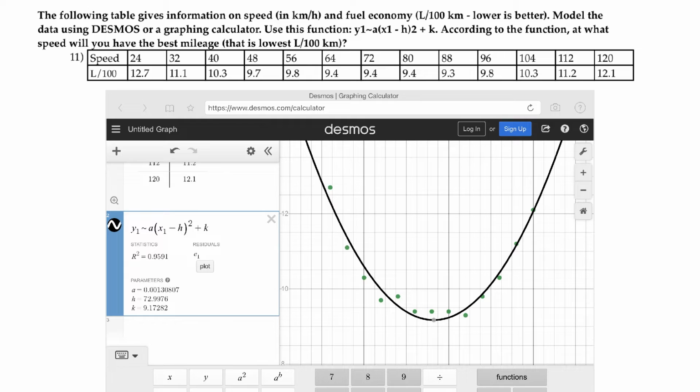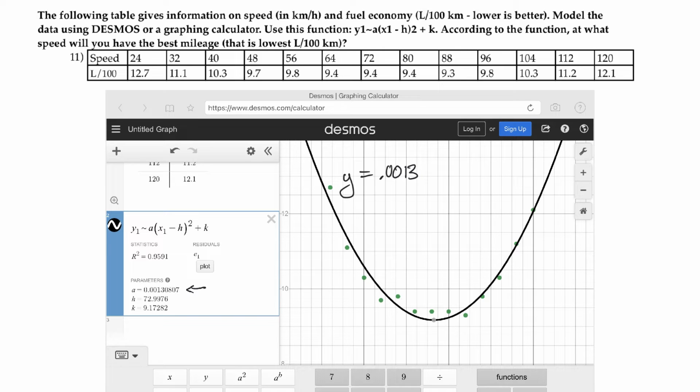So if I wanted to, I could then write the function. So they say model that with a function, so I need to write a function. So the function will be, I'll write it right on top there. So it'll be y is equal to a, down here, 0.001. That's very small. So 0.0013 we'll call it.